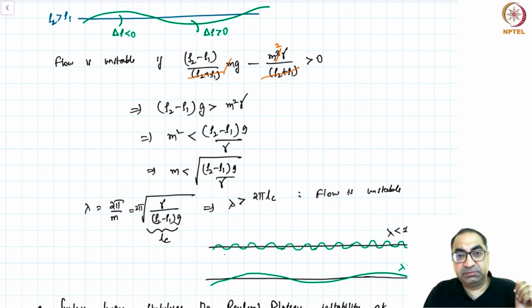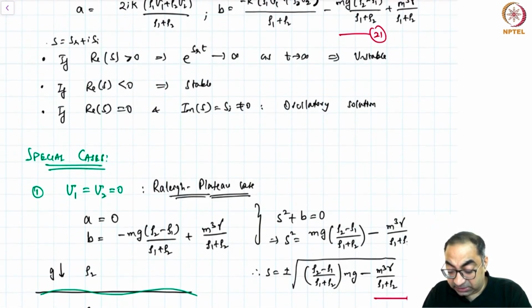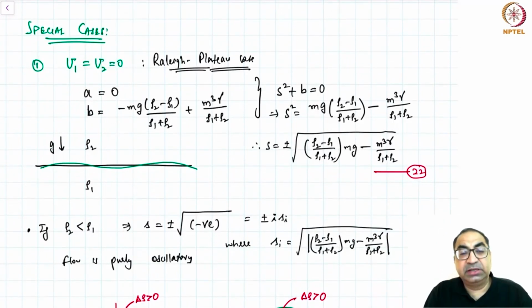All right. So what we will be doing in the next lecture is to look at the so-called Kelvin-Helmholtz instability. We've looked at the Rayleigh-Taylor case. We will look at the Kelvin-Helmholtz instability. Again, we'll make some simplifications. In the Kelvin-Helmholtz instability, the driving mechanism for the instability is the difference in the velocities u1 and u2.